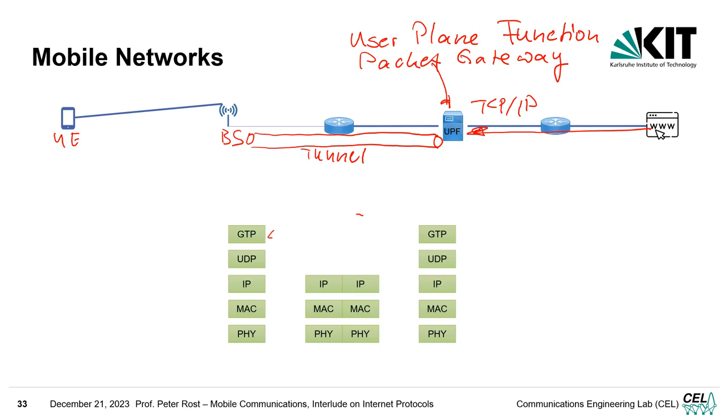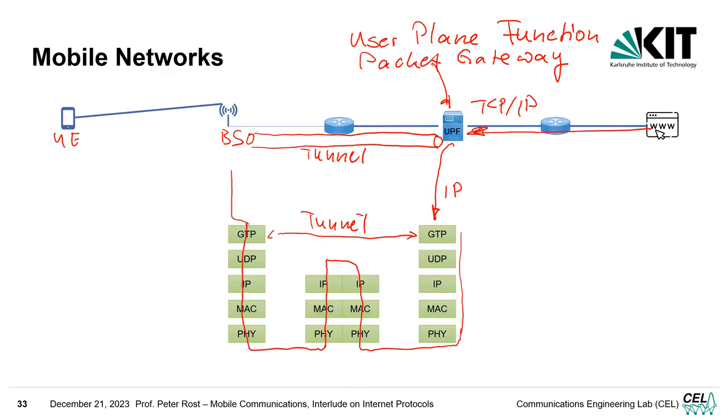And this tunnel is maintained with this GTP, so GPRS tunneling protocol. So here, that's our tunnel. And the UPF would now just put your IP packet into this tunnel. It would go down all these different protocol stack layers. Within the transport network, we have some routing in order to get to the destination and eventually go to our base station.